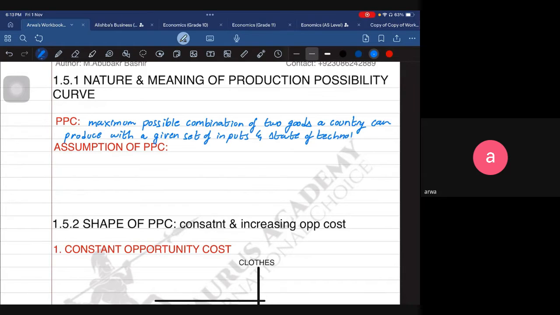So that state of technology that we are talking about is going to remain constant. Because if it changes, the production possibility curve will shift.